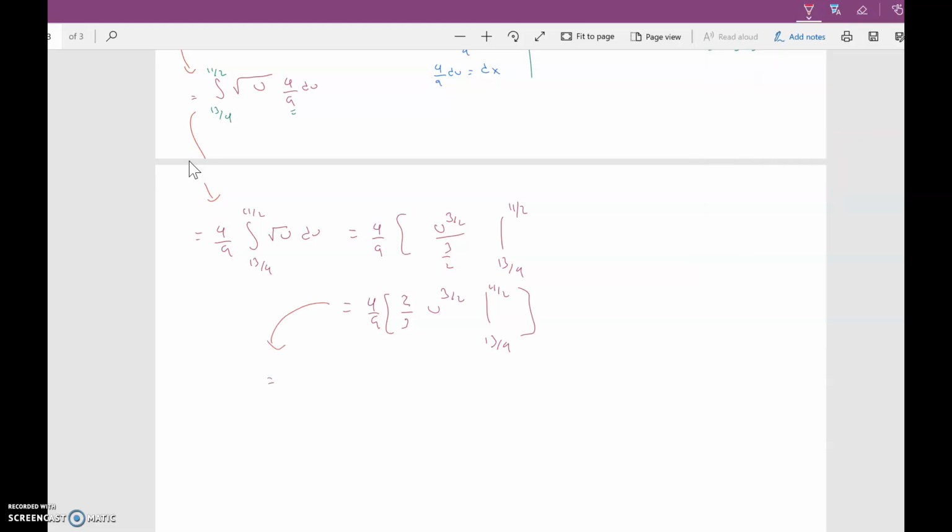So we're looking at 8 over 27 times, and this will just be 11/2 raised to the 3/2 minus 13/4 raised to the 3/2.